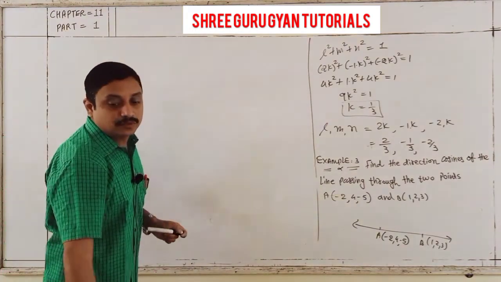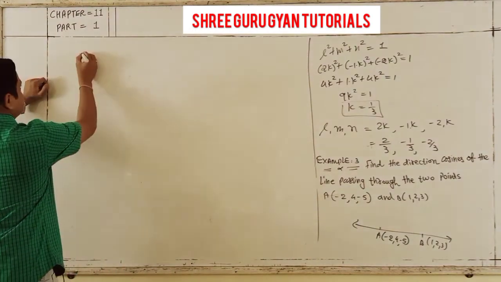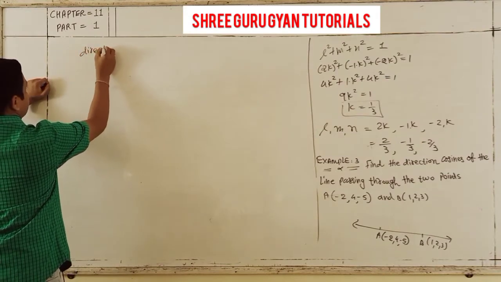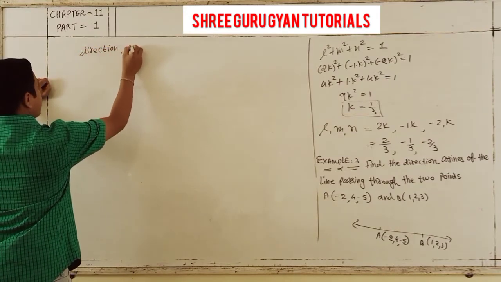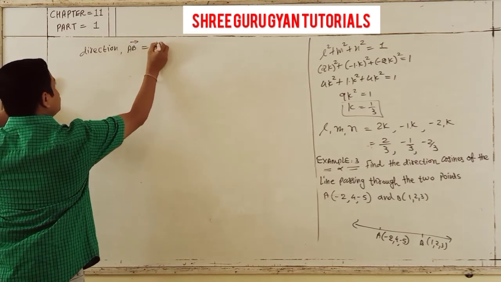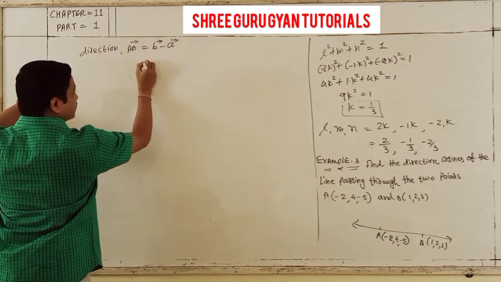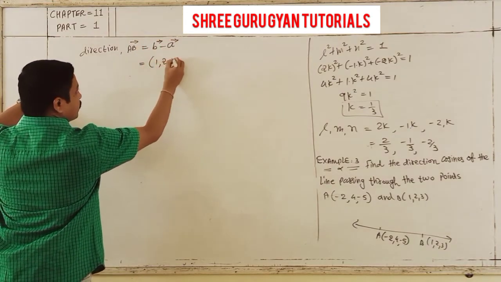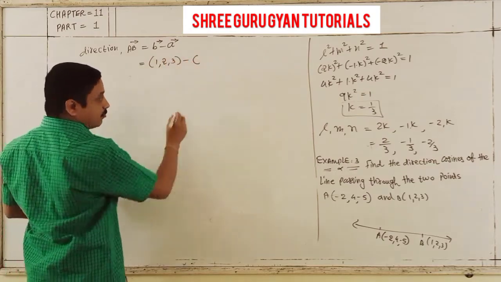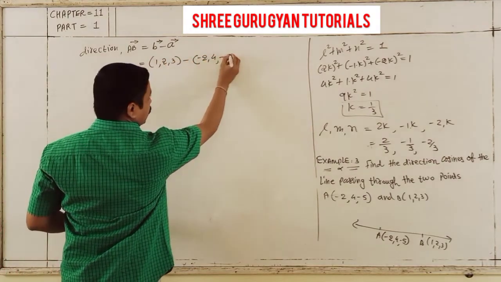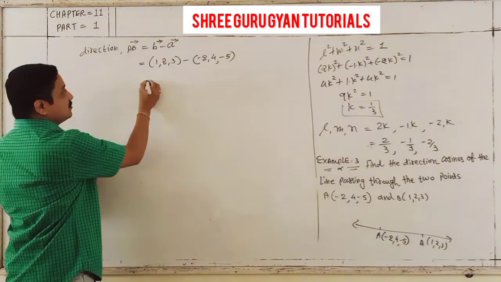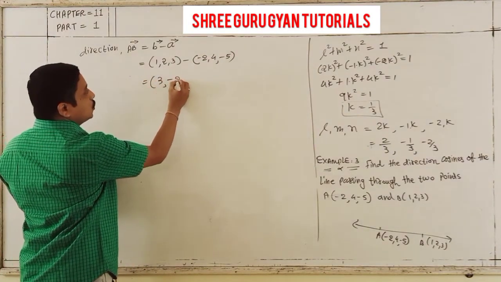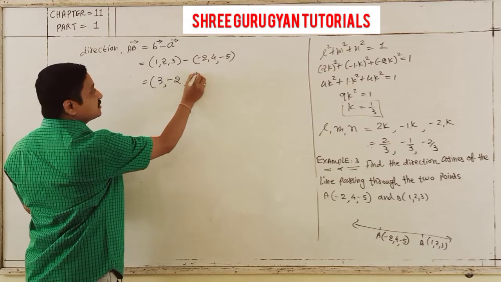So first we will find the direction. Direction AB means B position vector minus A position vector. B I have 1, 2, 3 and A I have -2, 4, -5. So it will give 3, -2 and 3 plus 5, 8.